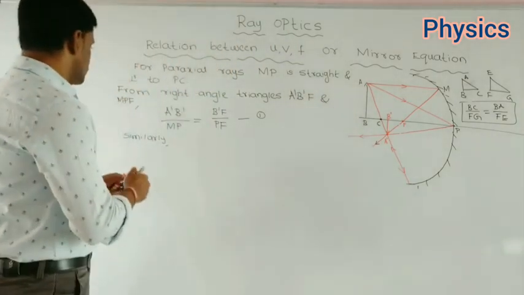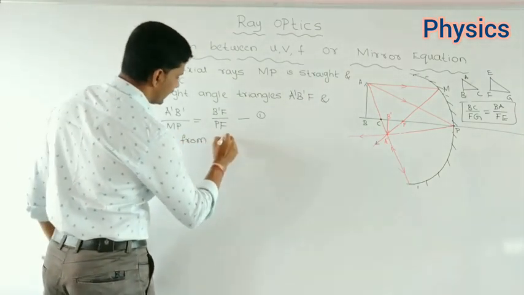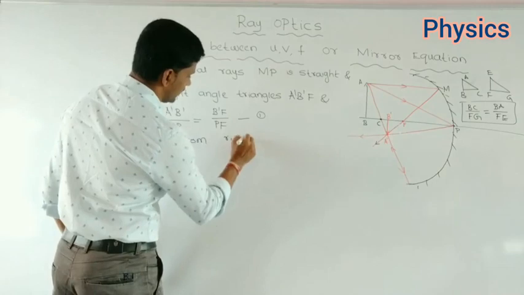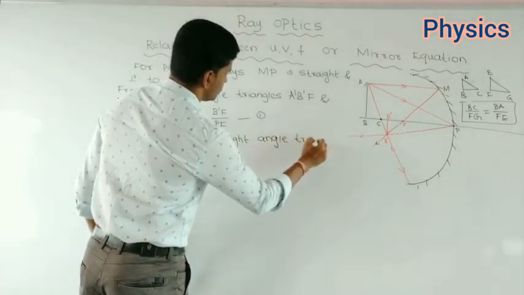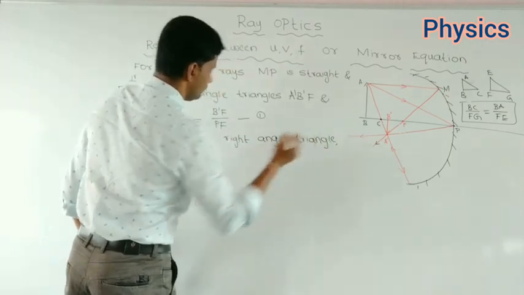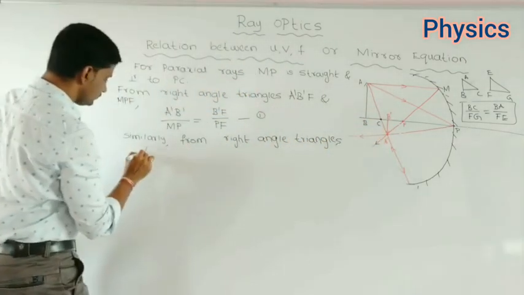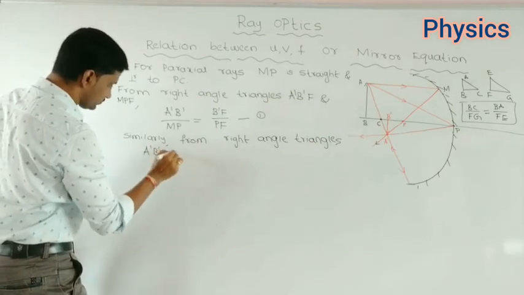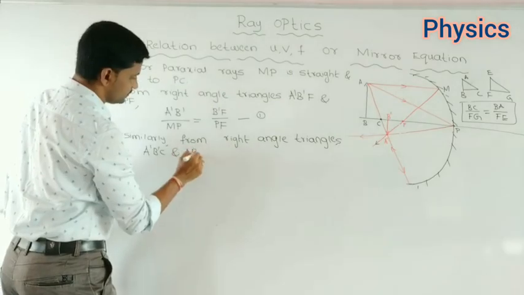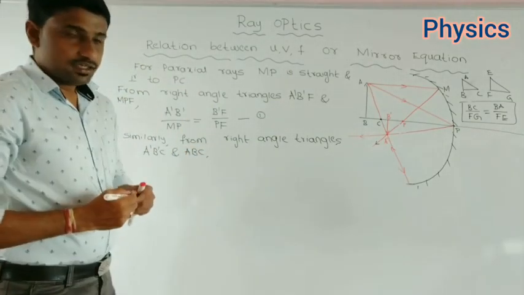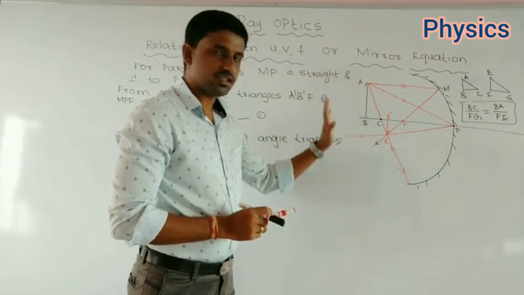So similarly, from the right angle triangles A dash B dash C and ABC, I can write that they are both similar triangles.